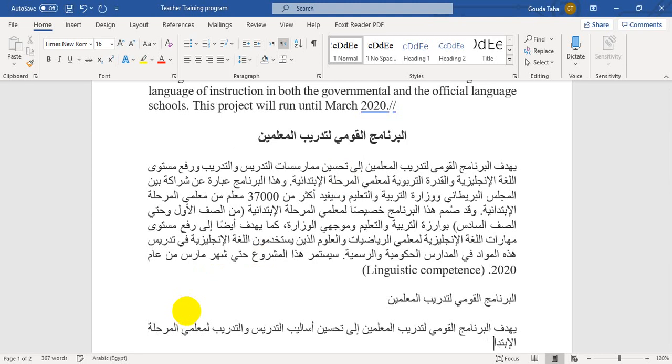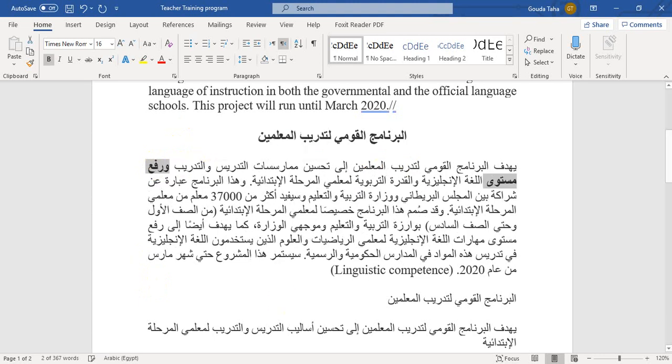و do we say رفع مستوى? In Arabic do we say this or we say تحسين مستوى؟ and وتحسين مستويات اللغة الإنجليزية وتحسين مستوياتهم في اللغة الإنجليزية.